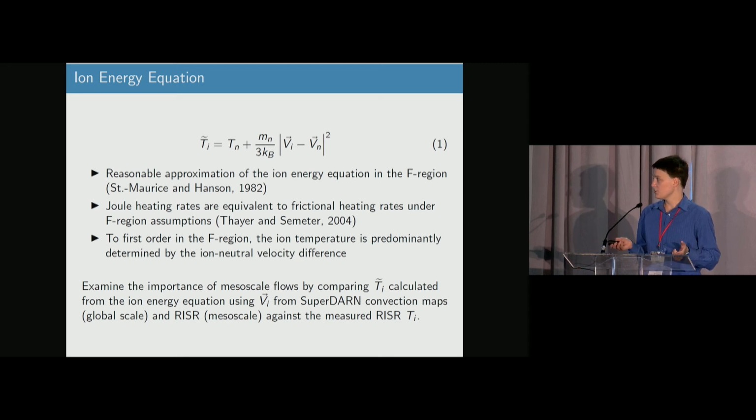So what we're going to do is examine the importance of mesoscale flows, which may not be captured in the SuperDARN data, just because it is a global network, by comparing the Ti calculated using the velocity from these global convection patterns with the Ti calculated using velocity from RISR, which is a much, much more local measurement, and see how they compare to the measured Ti from RISR.